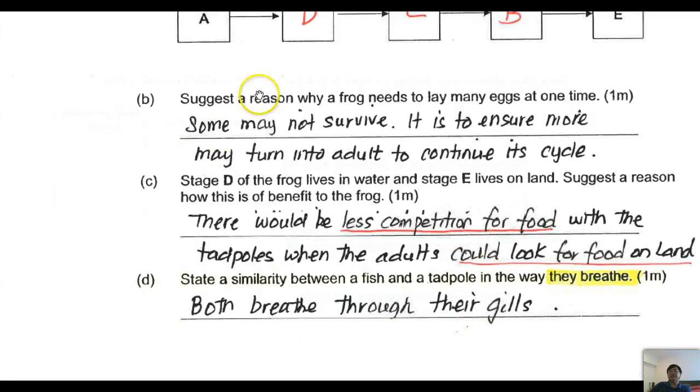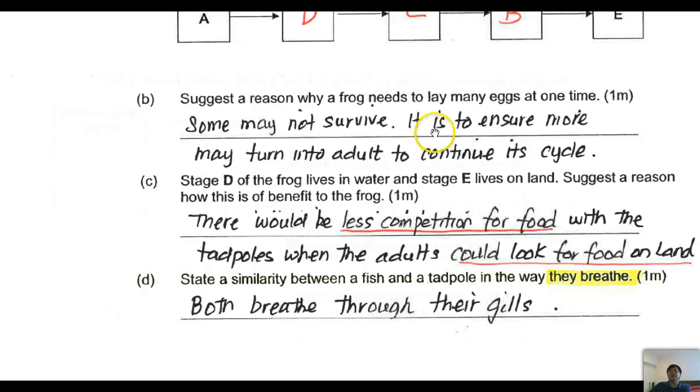Now, suggest the reason why frogs need to lay many eggs at one time. Okay, the reason is very simple. The species know that it is difficult, and it's not possible for an adult frog or parent frog to look after their children, right? Some may be drifted away, some may be eaten by animals, so some may not survive.